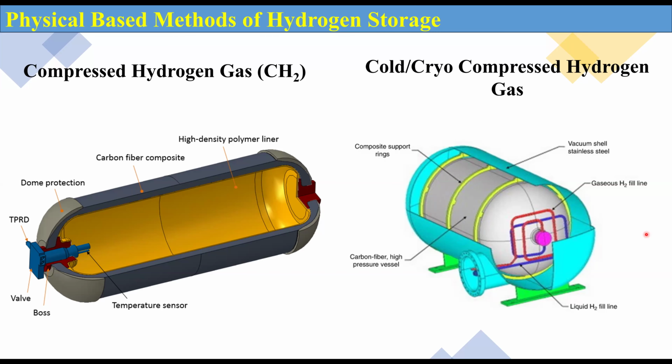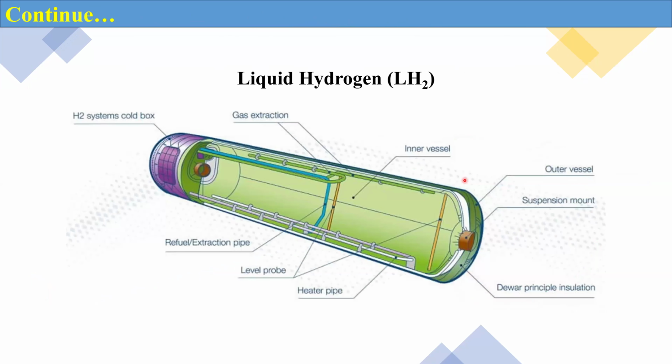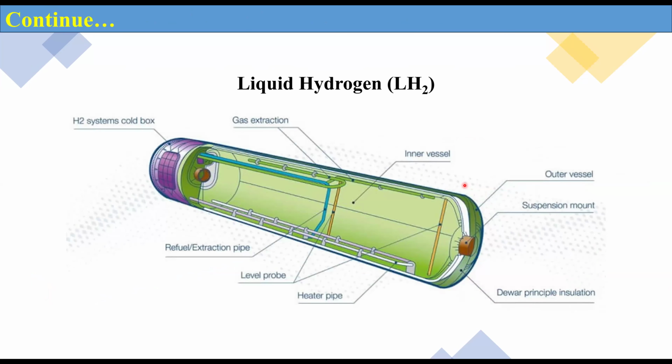And in terms of cryogenic, the temperature is minus 253 degrees centigrade over here. So it's quite challenging. In terms of liquid hydrogen, it is one of the easiest methods for transportation over here, where the cryogenic compression is going to be required.